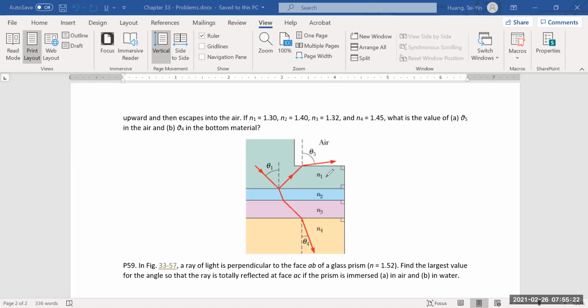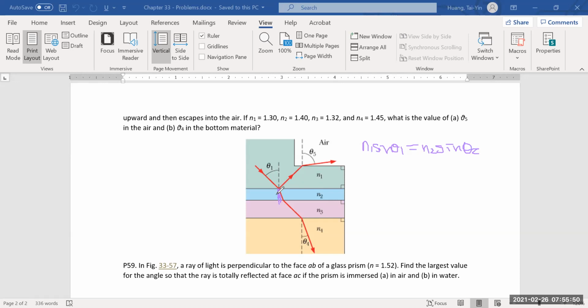So the first thing we should write down is N1 sine theta 1, and that must be equal to N2 sine theta 2, right? So you will write down N2, and then this is the normal, the straight line, and this is your theta 2.